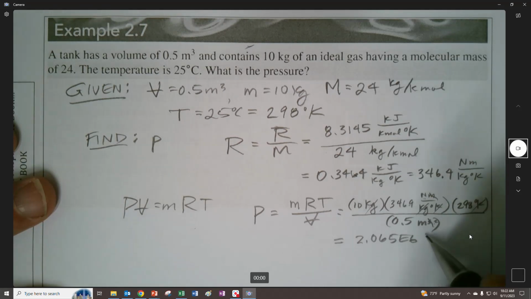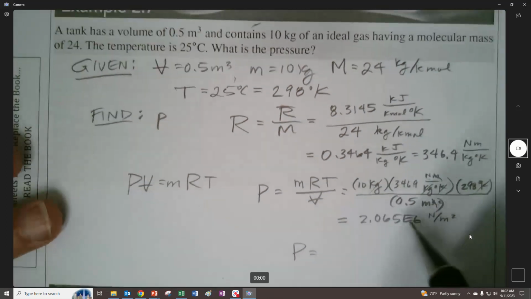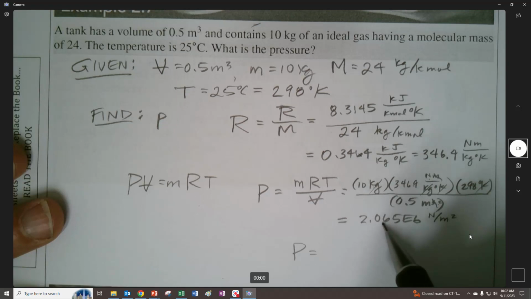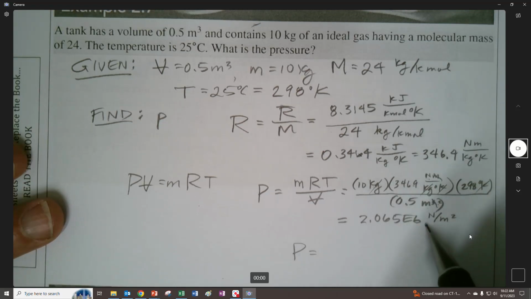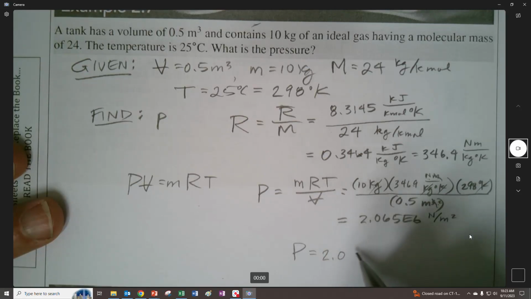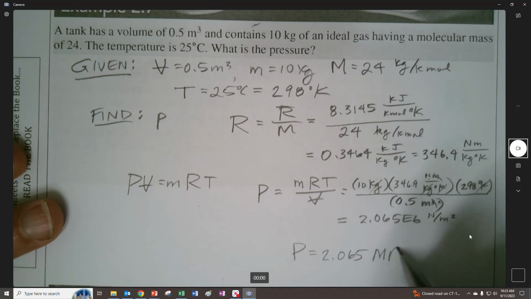That's 10 to the 6 newtons per meter squared. So that's going to be the same thing as pascals. So you could either go 2,065 kilopascals by dividing it by 1,000, or you could go 2.065 megapascals.